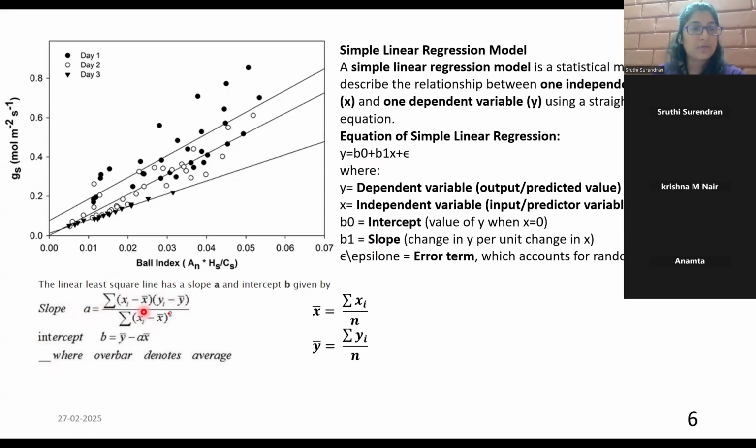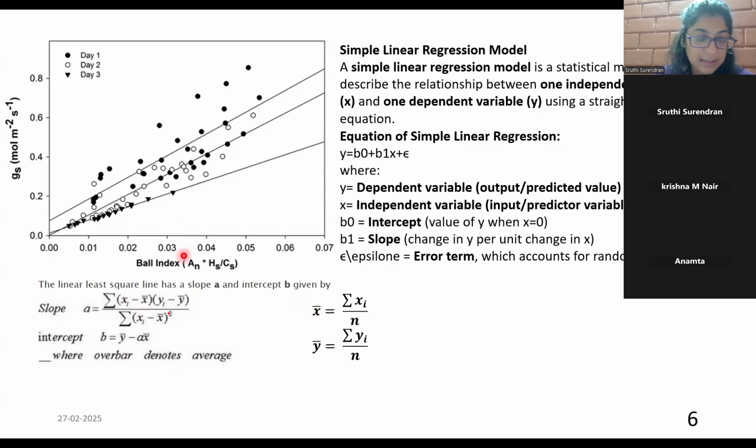This is the linear least square method that we have all, I think, learned at some point in school, but again, just to refresh your memories, the linear regression model is nothing but finding the slope and the intercept from a bunch of x and y points. First, you'll find the average of the x points.